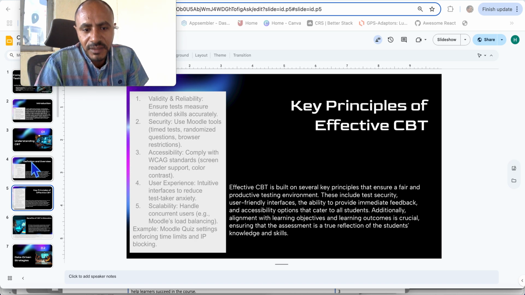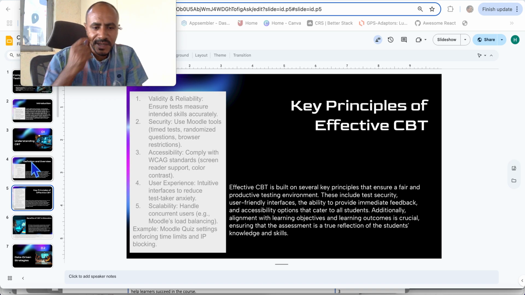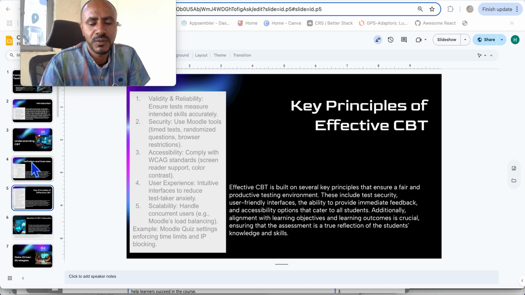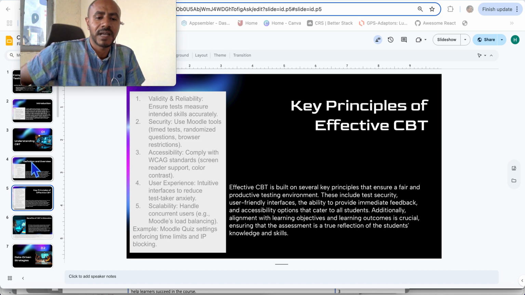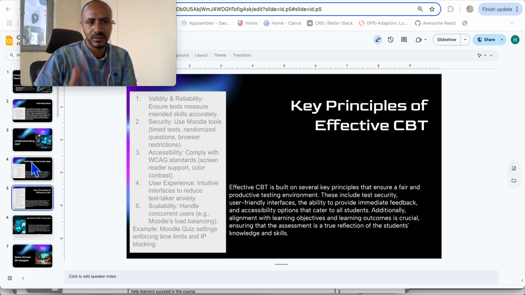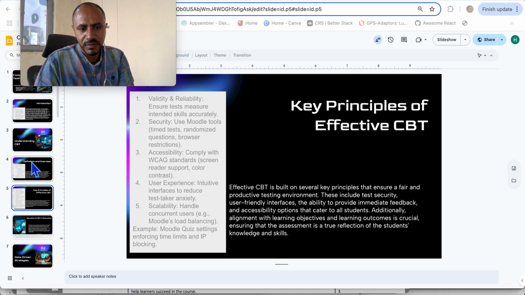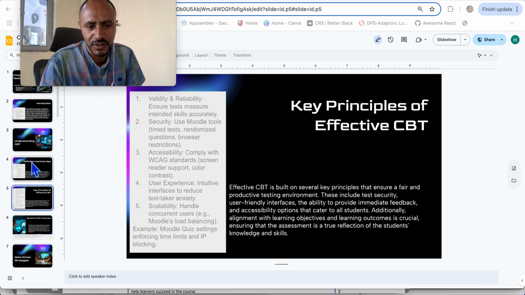And scalability. Maybe this is a matter of providing infrastructure by the ICT people. But as an instructor, we should know earlier how many students can take a CBT at a given time. Should they take it concurrently, or should we plan a different approach?